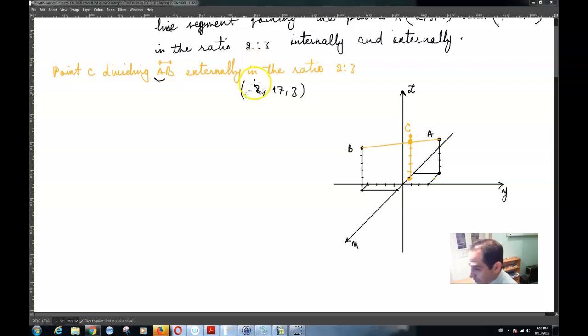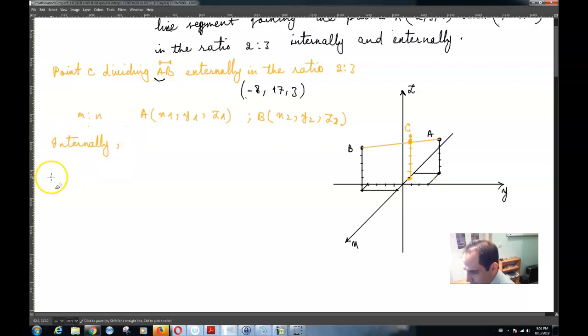So if the ratio is m to n, and the point A is (x1, y1, z1) and the point B is (x2, y2, z2), the coordinates of the point dividing this line segment internally, if I call the point C, would be: the x coordinate is m times x2 plus n times x1 over m plus n.